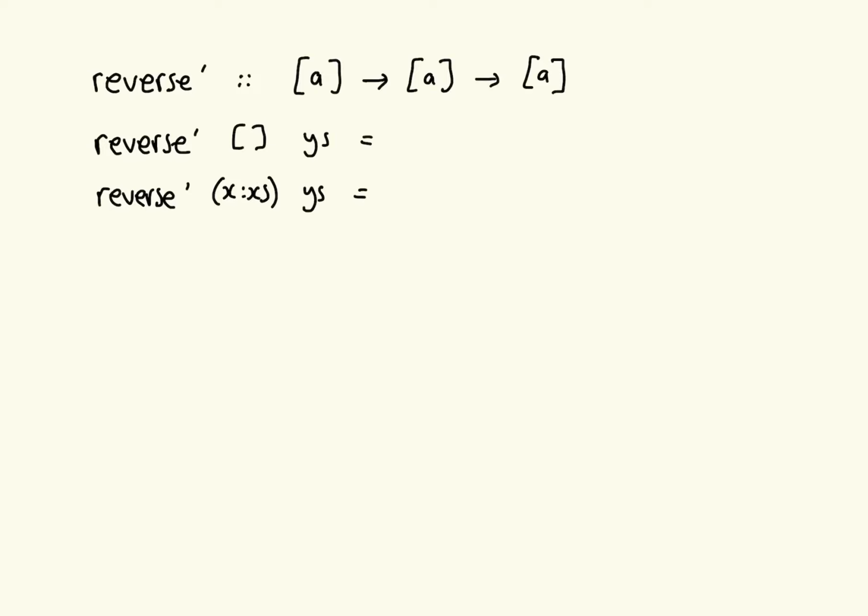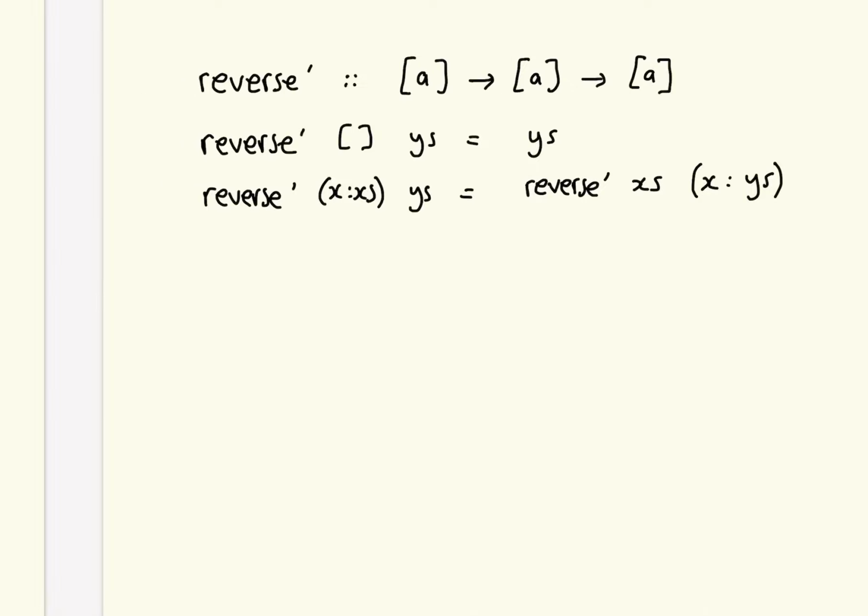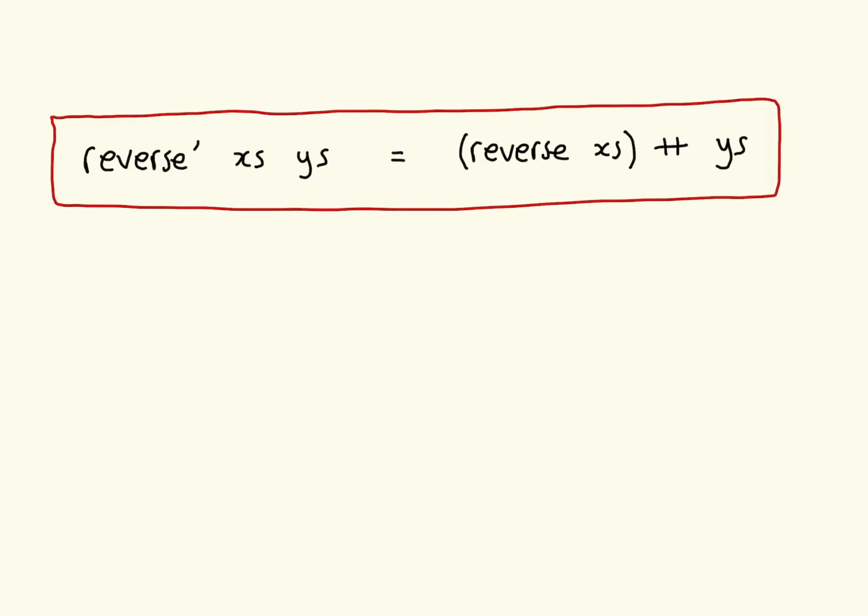What we found is that in the base case, we simply return the list y's. In the recursive case, we call reverse prime on the tail of the first input list, x's, and then we put x onto the start of the second argument, y's. And the important thing is that reverse prime, by construction, satisfies this equation here.